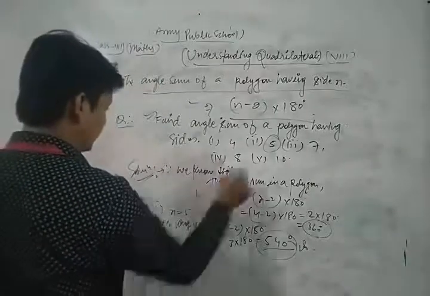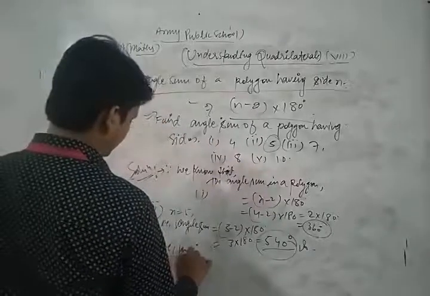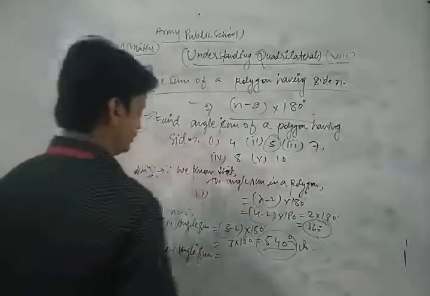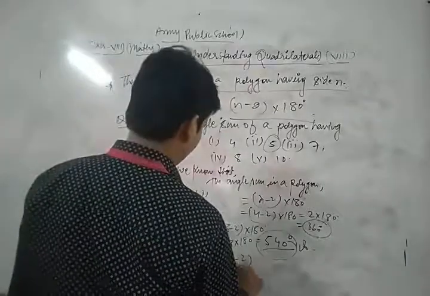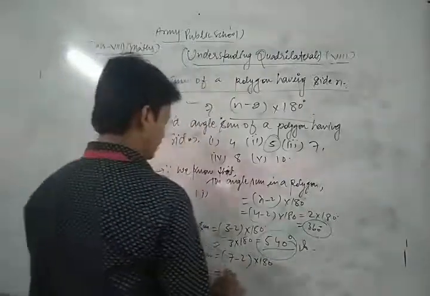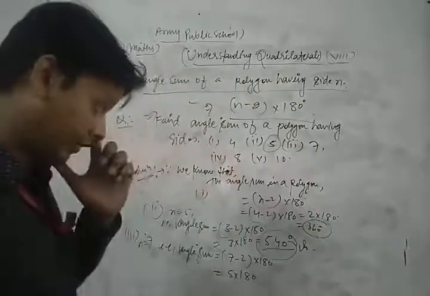Okay. Now take the third part, which is 7. n is equal to 7. The angle sum is 7 minus 2 into 180, that is 5 into 180.